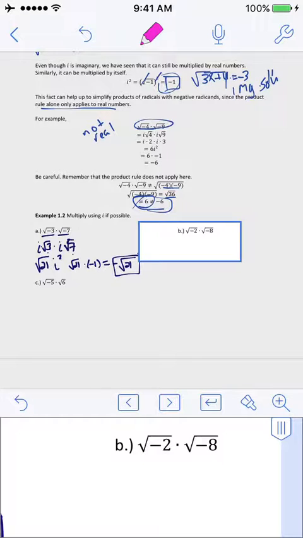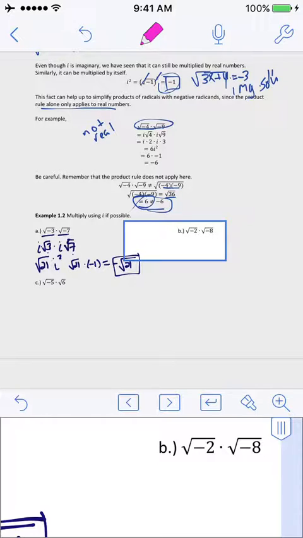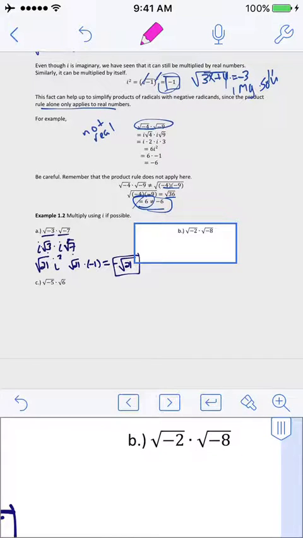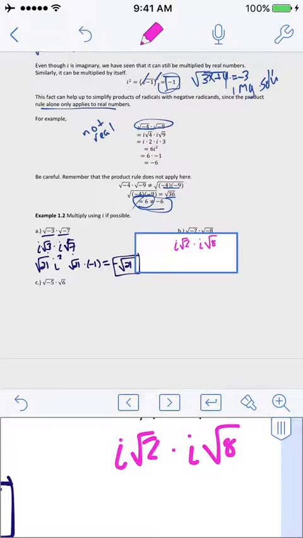So if I ignored the fact that product rule doesn't work here, I would be inclined to say that's a square root of 16 and it's equal to 4, right? Just multiply them together and then it's equal to 4. But let's see what happens when I don't do that. So I have i times root 2 is the simplification of that, times i times root 8, right? I basically just take the negative part out. Reorder a little bit.